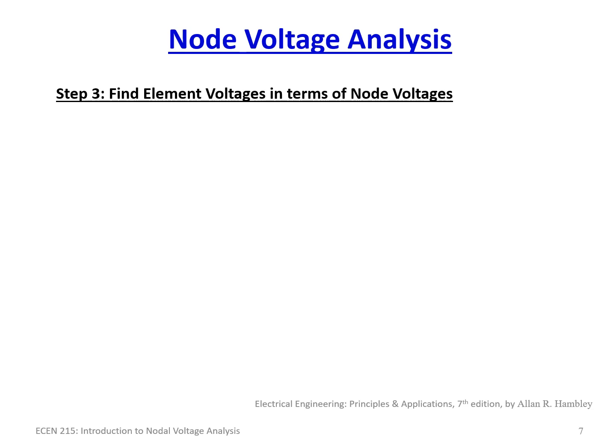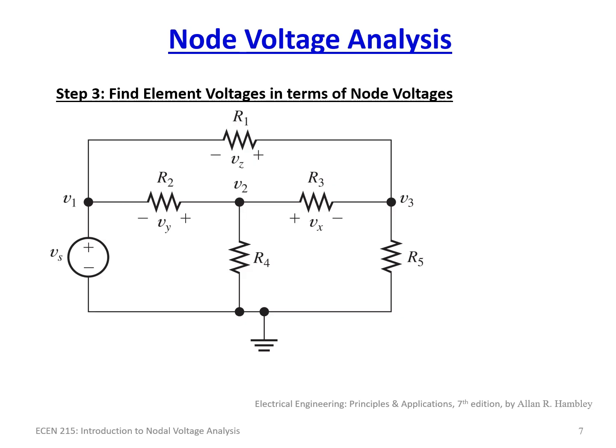So let's do that in terms of the node voltages. Here's our circuit, and we've gone ahead and assigned the different elements. So we have VZ, VY, VX, and then of course V2 is simply the one across R4. We've added some additional labels here. VZ is the difference between V3 minus V1, that's the voltage drop across R1.